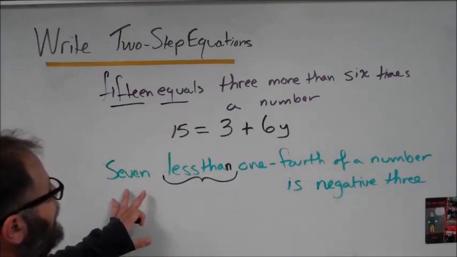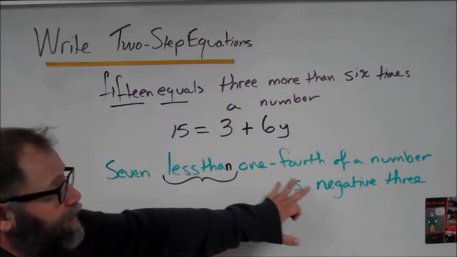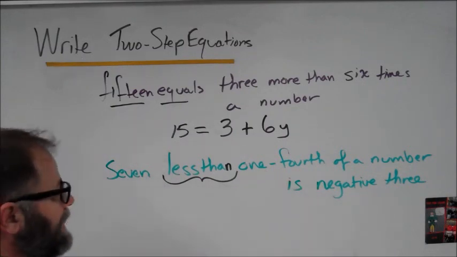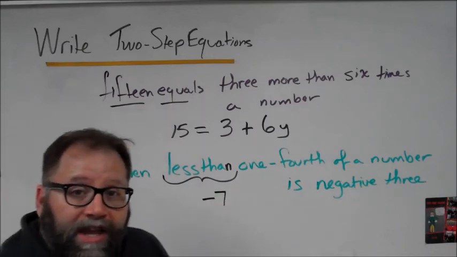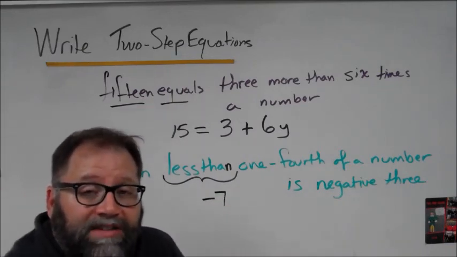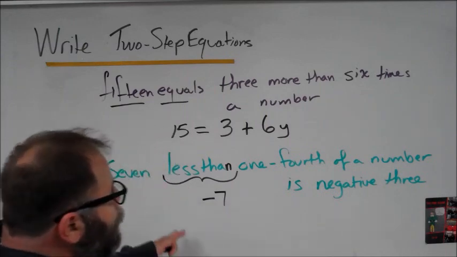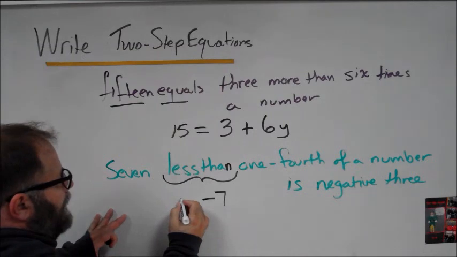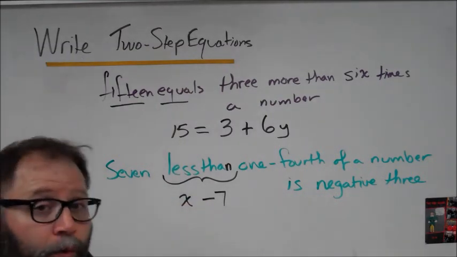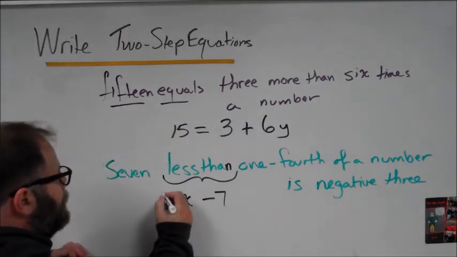So when we say 7 less than 1/4 of a number, 7 less than means I've got -7. Something has had 7 taken away from it. What has been taken away from is 1/4 of a number. So I know that's an x. Now I need 1/4 of that unknown.